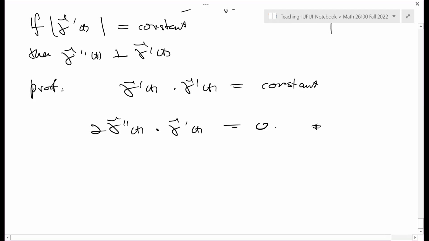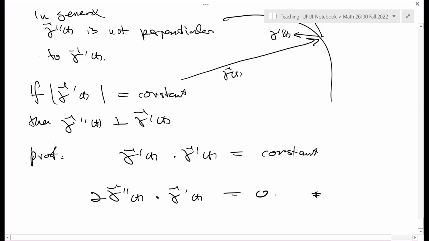I'm going to reparameterize it. Yeah, reparameterize is a little bit difficult concept.